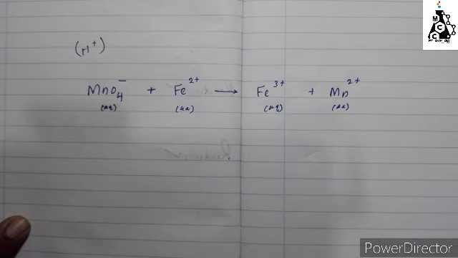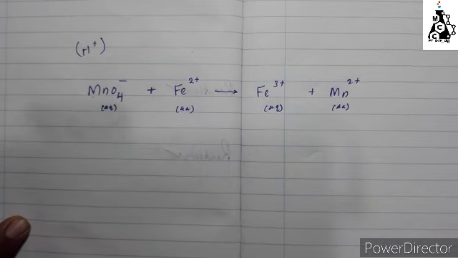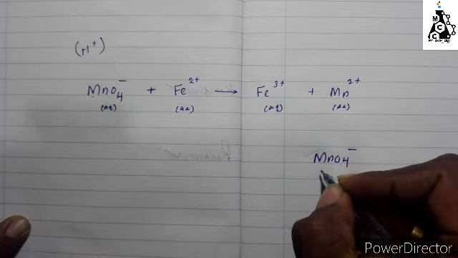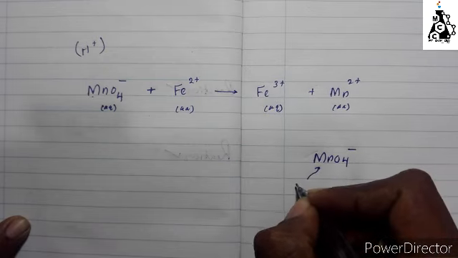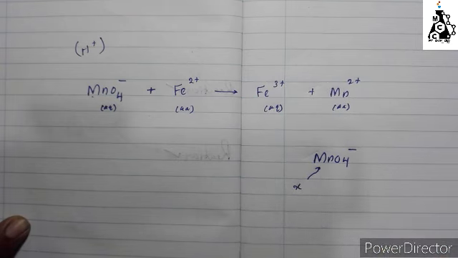Okay. Now let's find out how you balance the following equation. First of all, you need to calculate the oxidation numbers of these ions and compounds. First, MnO4 minus. Imagine you don't know the oxidation number of manganese. Because of that, you have to add X for the oxidation number.